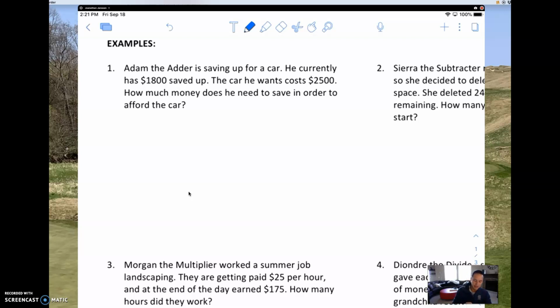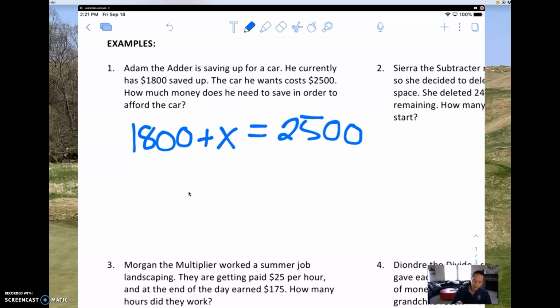So he's got $1,800 already, but he has to save a certain amount to get to the total cost, which is $2,500. So right now we have this x over here, but this 1,800 is adding to it. So in order to get rid of an adding 1,800, we do the opposite. So we just end up subtracting 1,800.